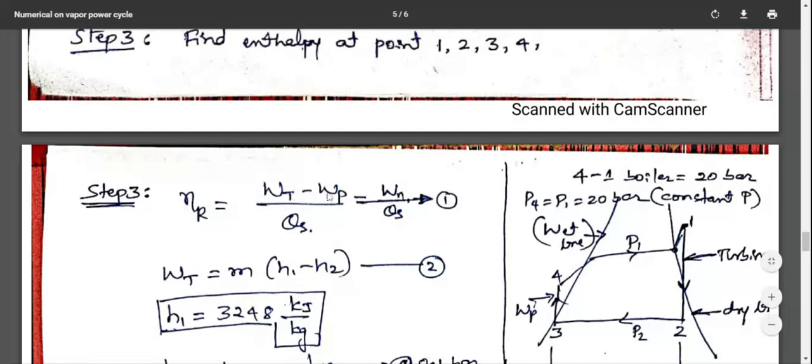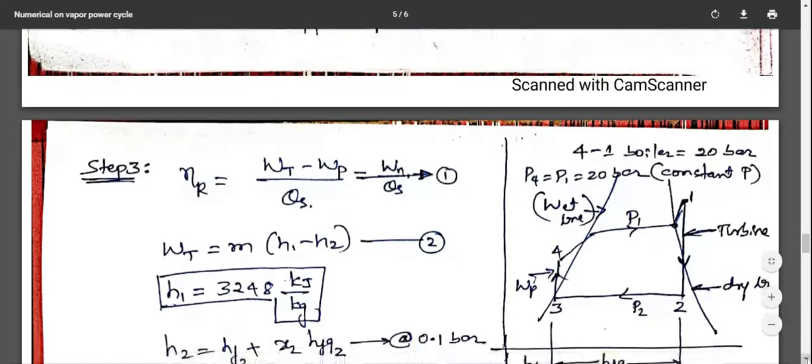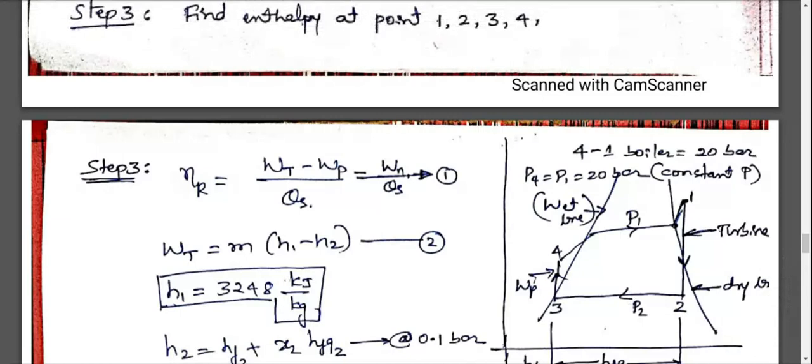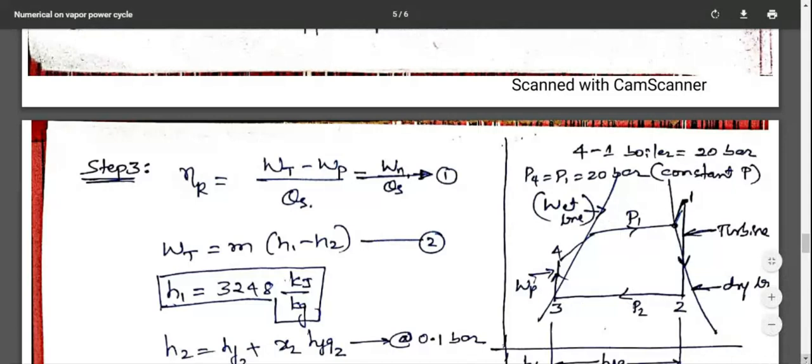The difference between the two works we can also call net work done, and heat supplied as it is. I have taken equation number 1. For our understanding purpose, again I have taken the TS diagram here. It is not necessary to represent the TS diagram once again; only for explanation purpose I have taken it here.